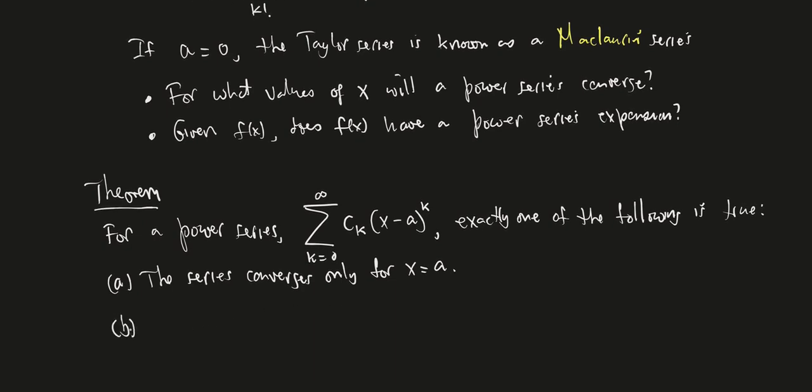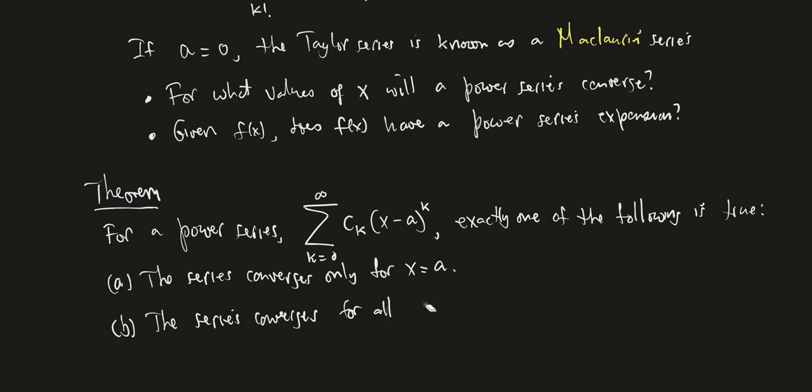For the second option, this is what we got a glimpse of. We couldn't see it fully for obvious reasons, but remember when we were looking at the Taylor polynomials covering the sine and cosine functions? Well, when that happens, the power series converges for all real values of x.